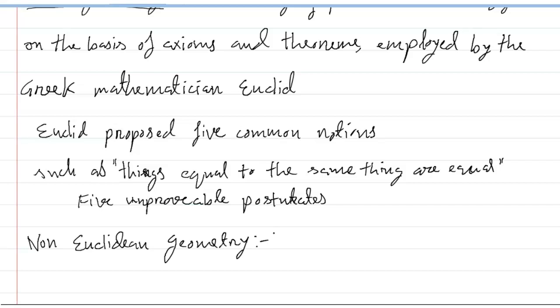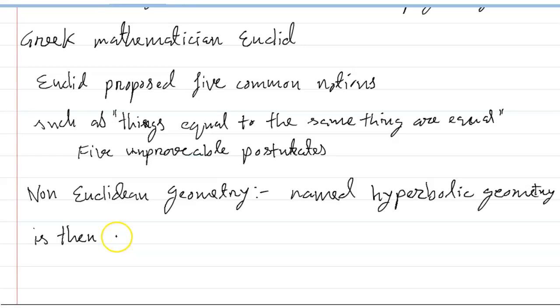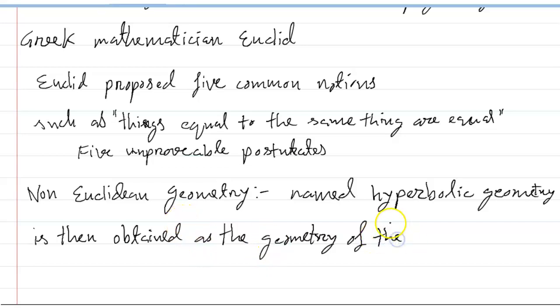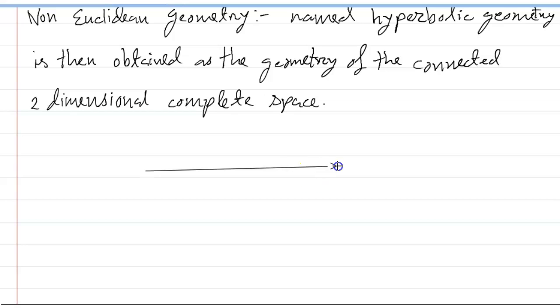But non-Euclidean geometry, named hyperbolic geometry, is then obtained as the geometry of a connected two-dimensional complete space. So friends, suppose this is a straight line.